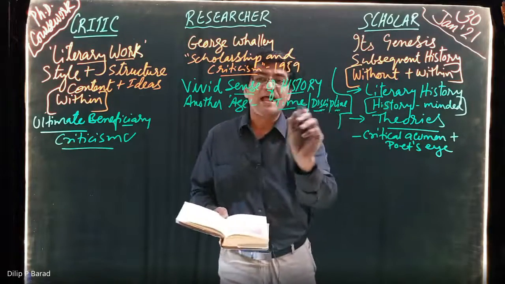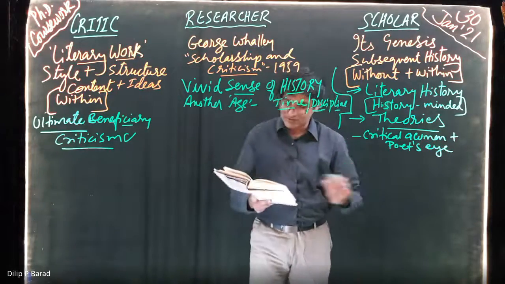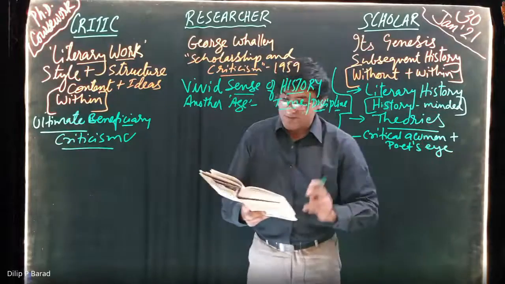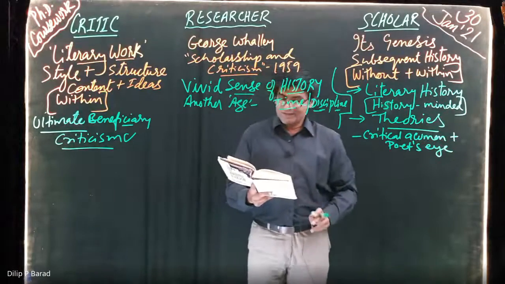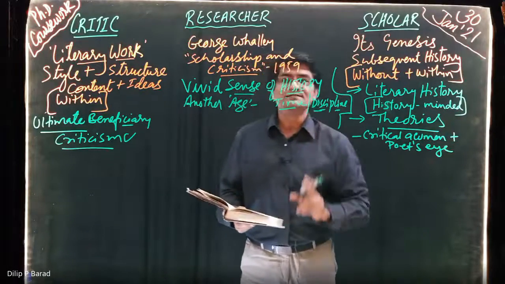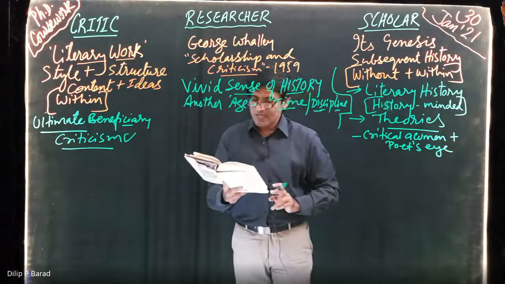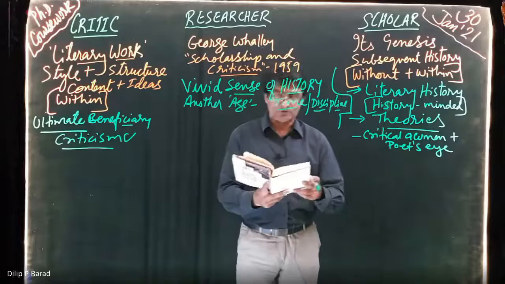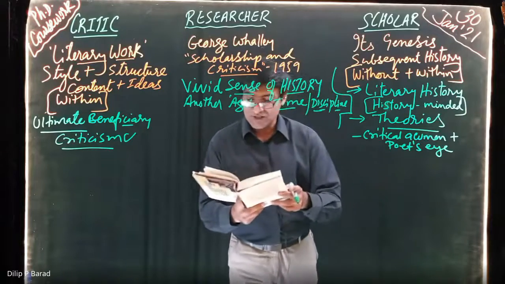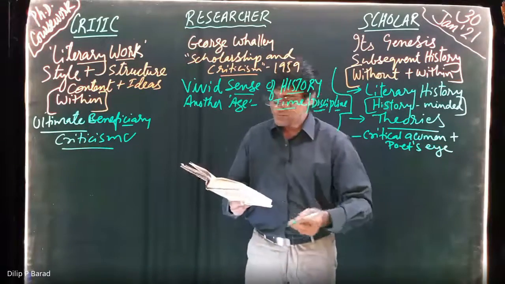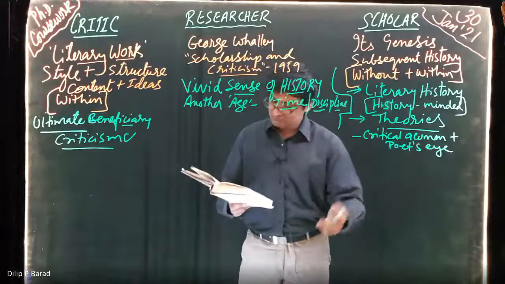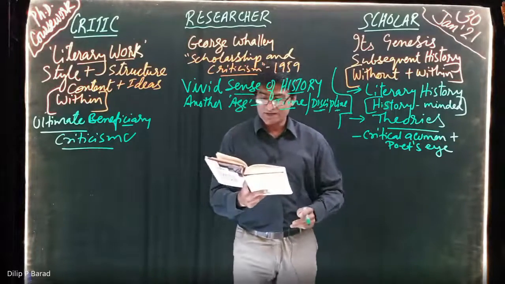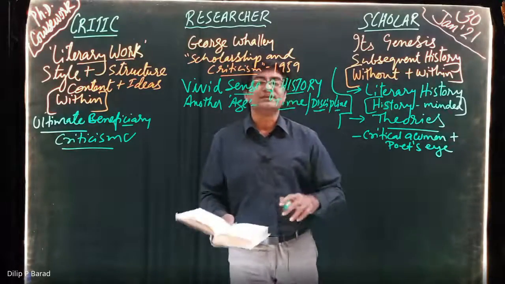So time as well as this other age means that they must also be able to adjust their intellectual sides and imaginative response to the system of thought and social and cultural atmosphere that prevailed in, say, 14th century England or early 20th century America.